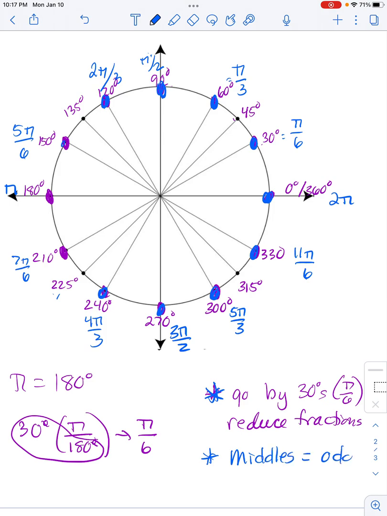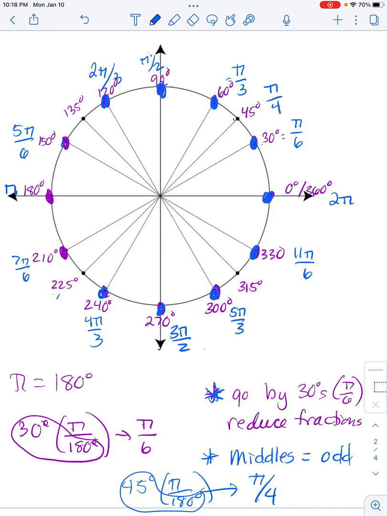And the middles, my friends, are going to be odd pi fourths, because if I take 45 degrees and convert it using my conversion factor, this reduces to 1/4 pi. So this middle mark would be 1 pi fourths.